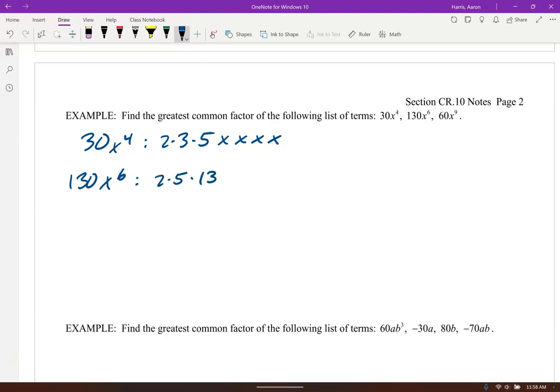So 2, 5, and 13. 13 is prime. 1, 2, 3, 4, 5, 6 x's. And then 60x to the 9th. Well, 60 is 15 and 4. 4 is 2 times 2. 15 is 3 times 5.